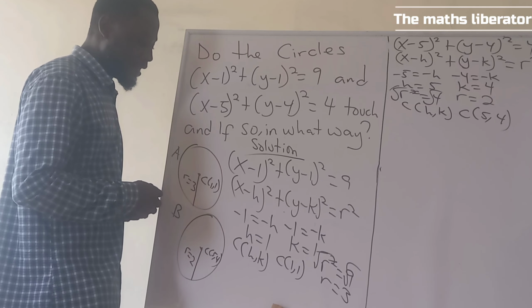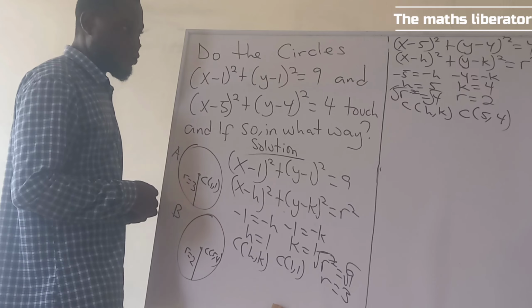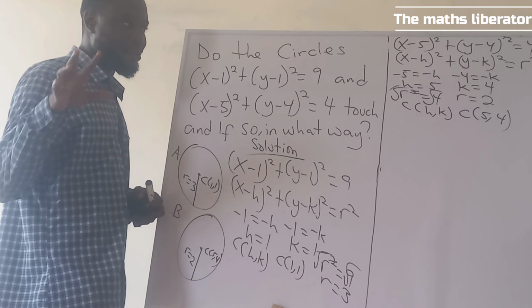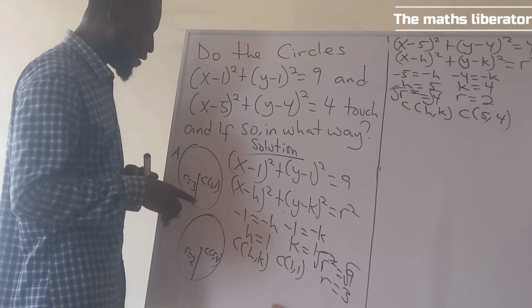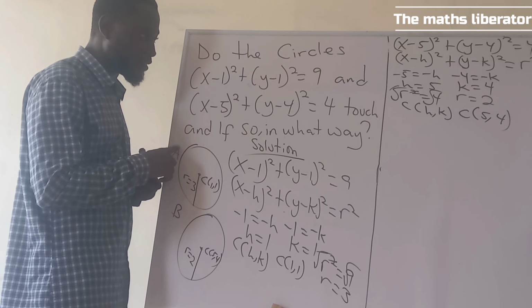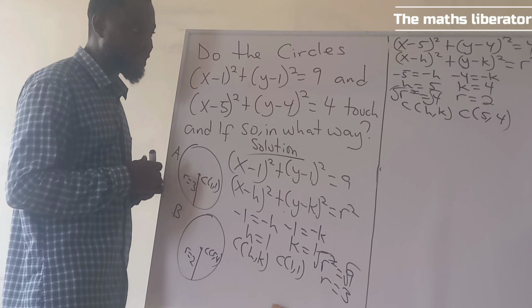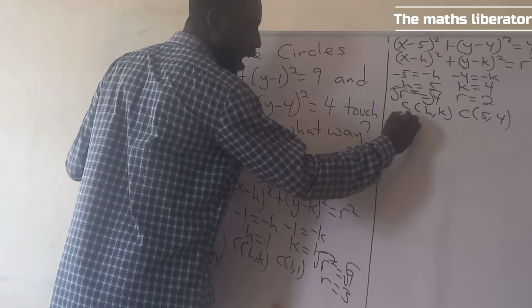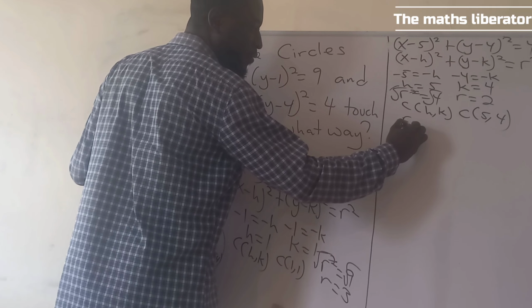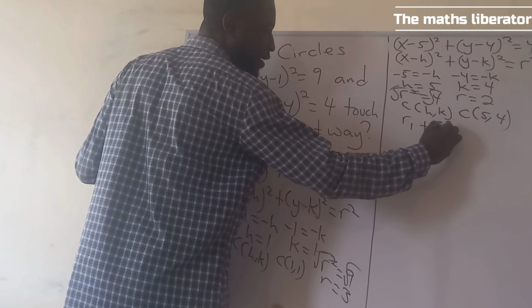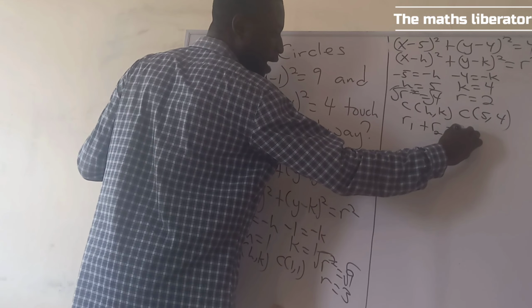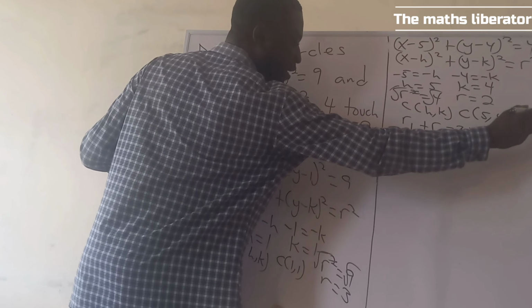After getting this, we are going to sum the two radii, the radius for circle A and the radius for circle B. So R1 plus R2 is 3 plus 2, which gives us 5.